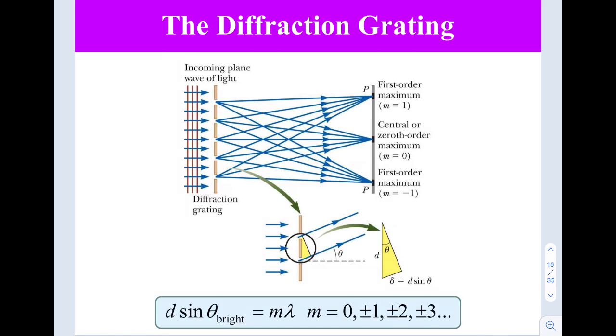For example, if we have a typical grating ruled with 5,000 grooves per centimeter, it means that the slit separation d is equivalent to 1 over 5,000, which is equivalent to 2.00 times 10 to the power of negative 4 centimeter.